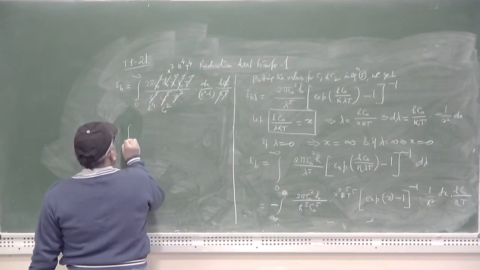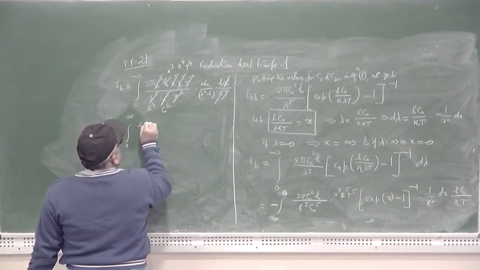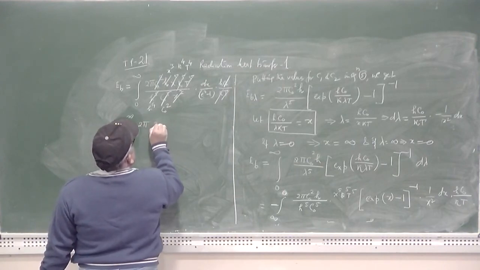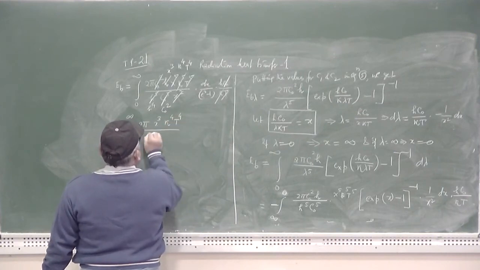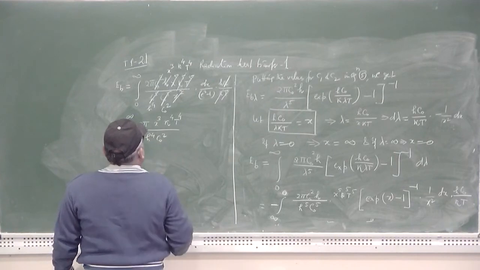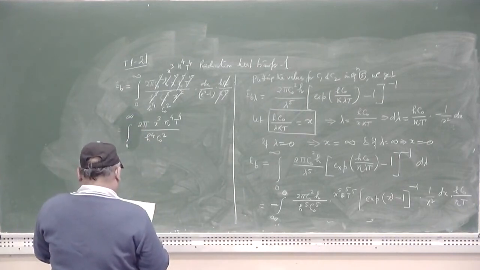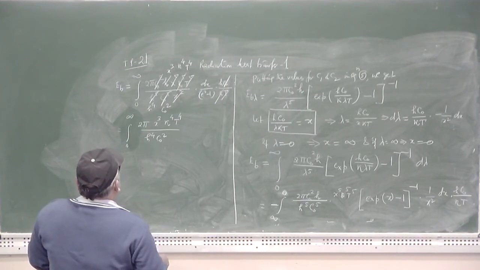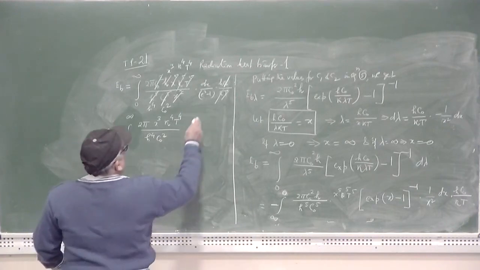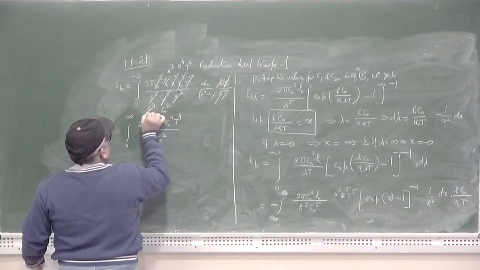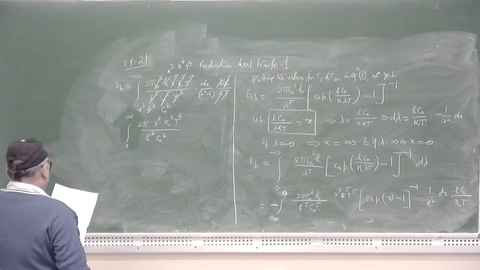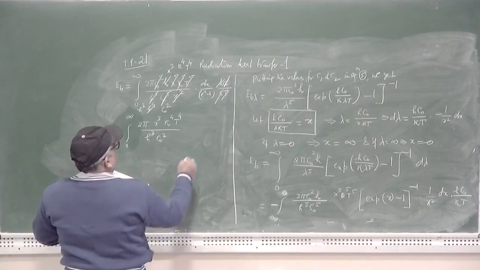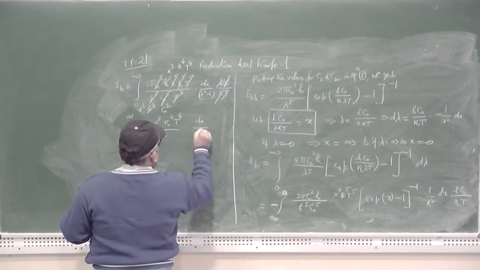So, that may be written as integration 0 to infinity 2 pi into x cube k^4 T^4 divided by h^4 c naught square, this h also will get cancelled out, this is h cube. So, let us write h cube c naught square into dx divided by e raised to the power x minus 1.